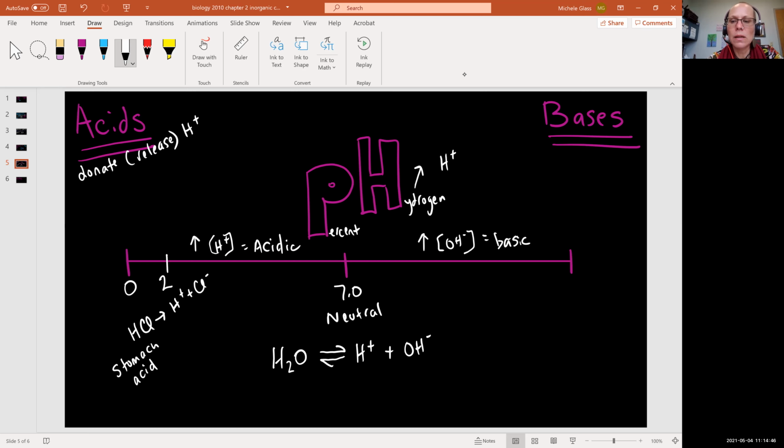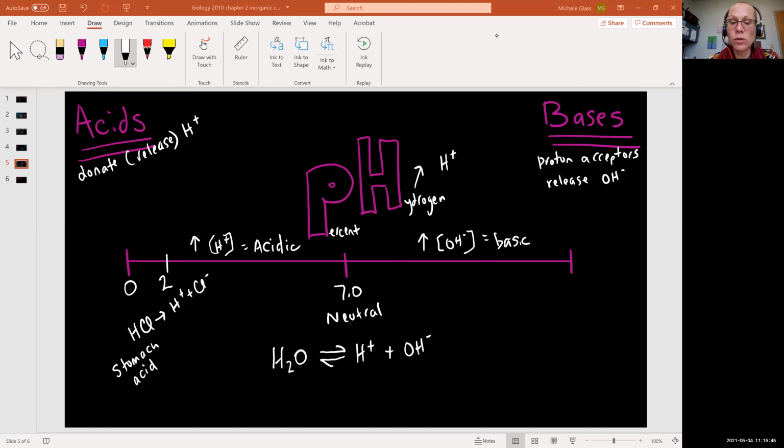A base is sometimes described as a proton acceptor. Essentially, we can think of a base as something that's going to release hydroxide ion. Hydroxide ion can be just as damaging to your tissues as hydrogen ion.